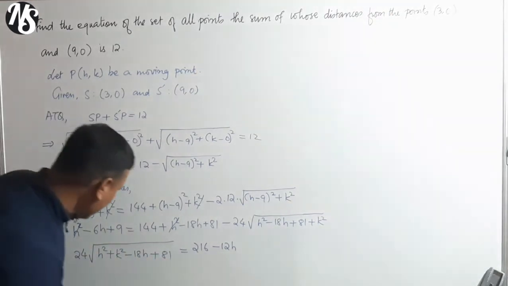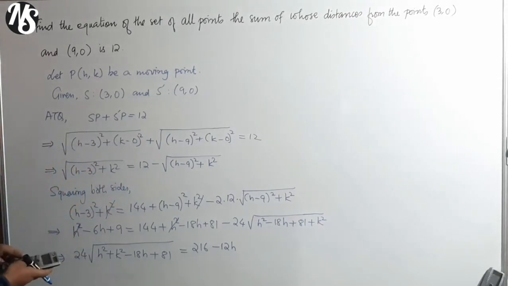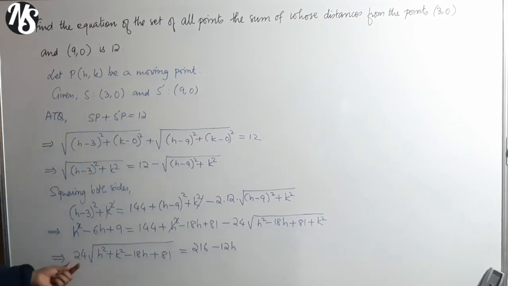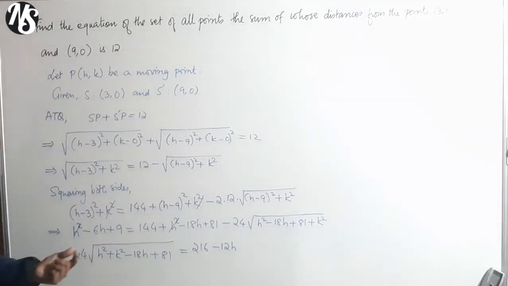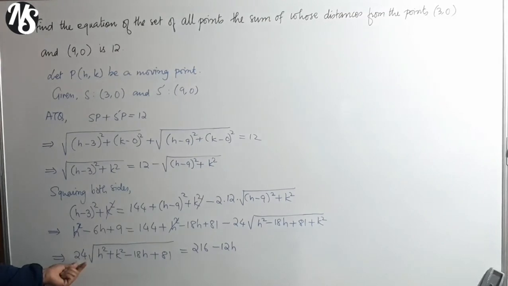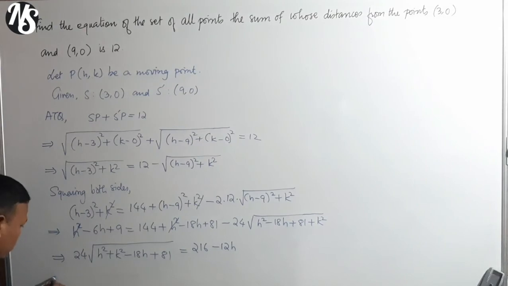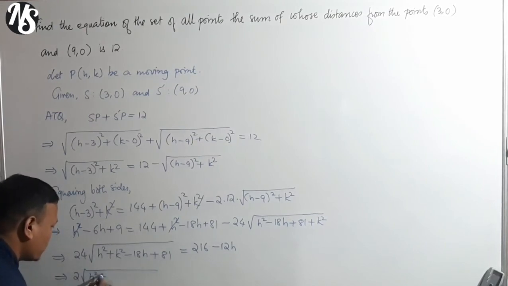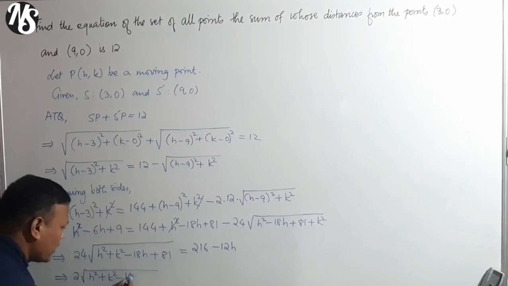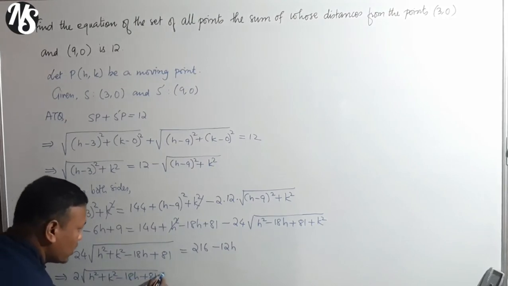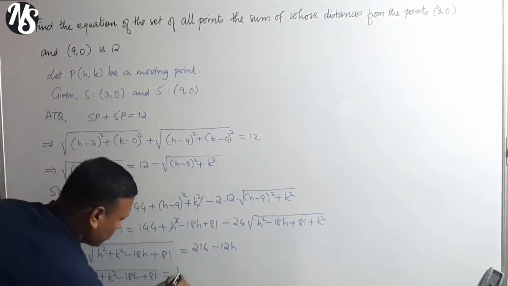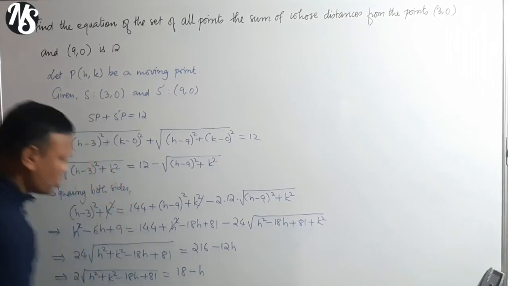Fine. Now, can we divide both sides by 12? Let's see. If you divide this by 12, you will get 2 out here, isn't it? So you'll get 2 times the square root of h square plus k square minus 18h plus 81 equals, if you divide this by 12, you should get 18, I guess. So you'll get 18 minus h.